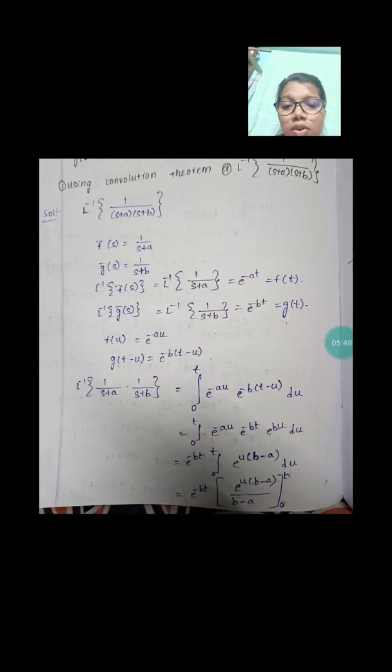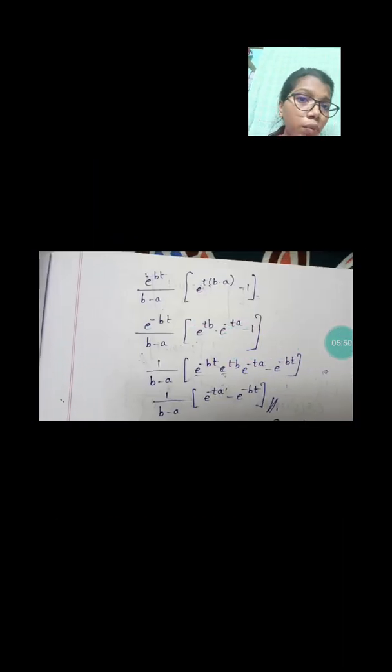Then we keep 0 and get e power 0 equal to 1, that's why minus 1. Then next step, e power minus bt by b minus a, and we split e power t into b minus a as e power tb into e power minus ta, minus 1.